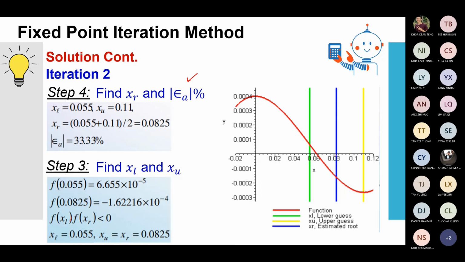The green line is the new lower value, and the yellow line is your upper value, which you obtained as 0.11 just now. Once you find this, you see your searching domain becomes shorter. It's just in between these two values, so you already know that the exact root is somewhere between these two.